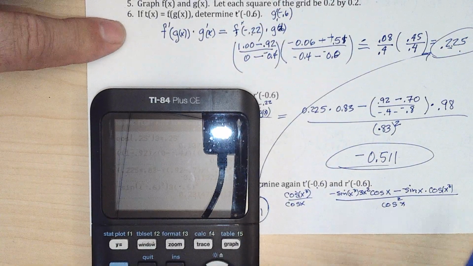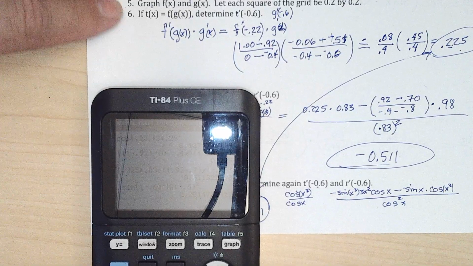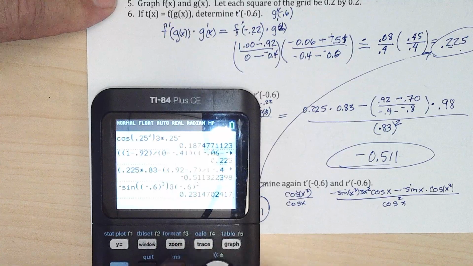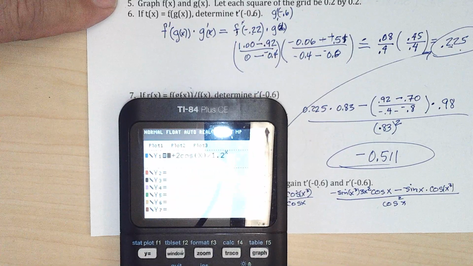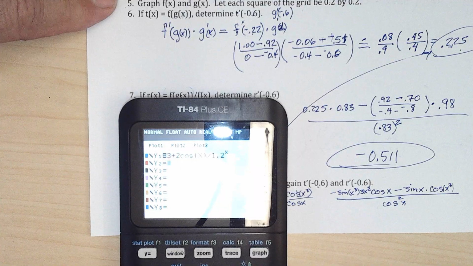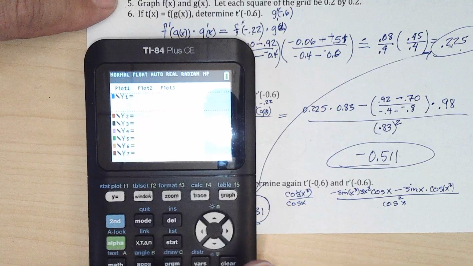So we have to get this with x at negative 0.6. Now, instead of doing it the way I did here with all these parentheses, which is a pain, I'm going to go to y equals. I'm going to clear that. I'm going to start off by typing the function in.